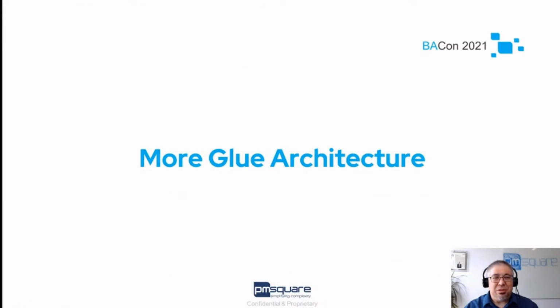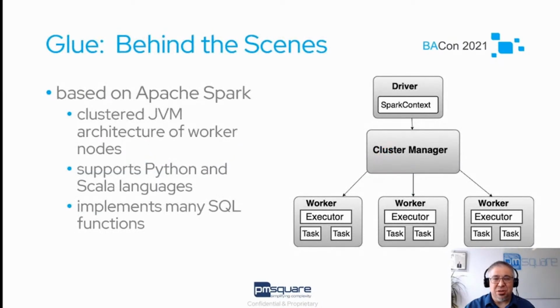Before we start working with more complex Glue jobs, let's take a deeper look at the Glue architecture. Glue is based on the open source Apache Spark infrastructure. Spark is a cluster of Java virtual machines that are deployed as worker nodes. Each worker has at least one executor that processes tasks and data sent to the worker node.